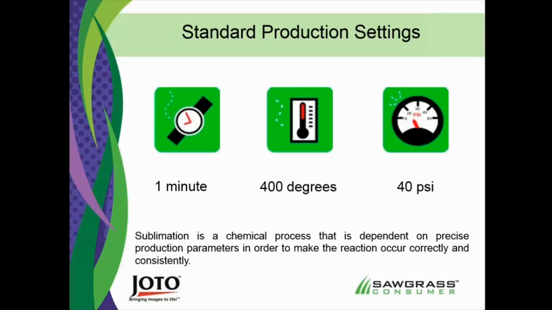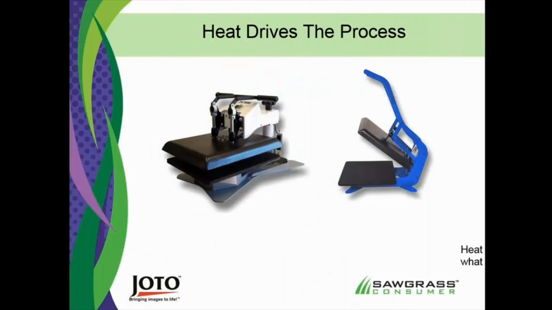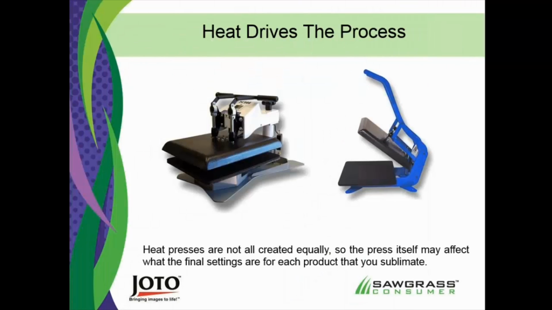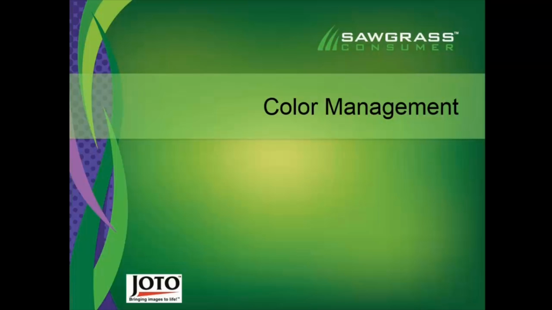We have to have all 3 working consistently to make this happen. That's why I say the heat press is a very important aspect of what we're doing, okay? Buying a good heat press, they're not all created equally. There's lots of different brands out there. You know, work with Joto as their sublimation specialists. They understand heat presses. They can help you find the best product for your needs, okay?